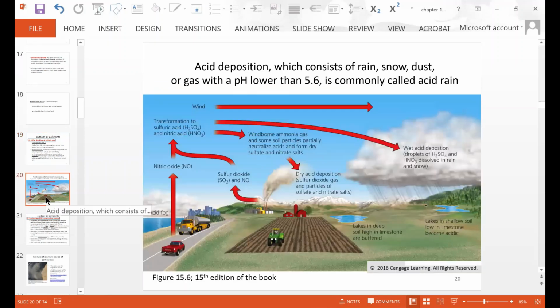And here is a diagram that shows different aspects of acid deposition, showing you have sulfur dioxide gas and particles being deposited. Here you have acid fog, acid rain, different things like that. So you could read through the different components of the diagram.